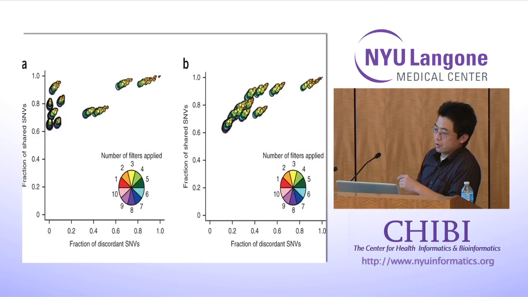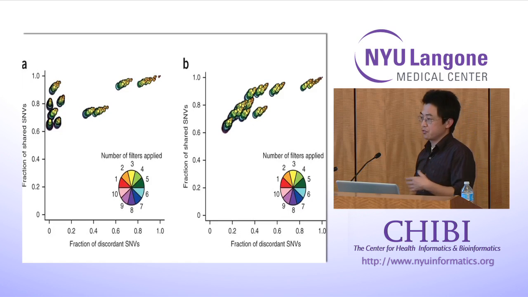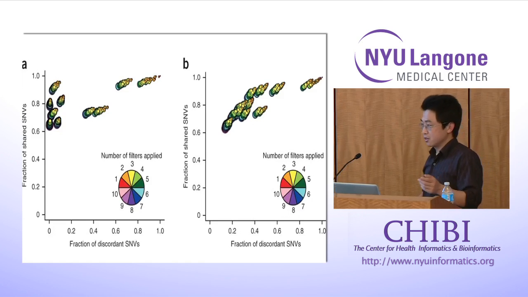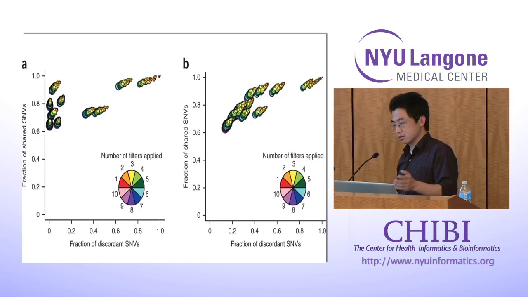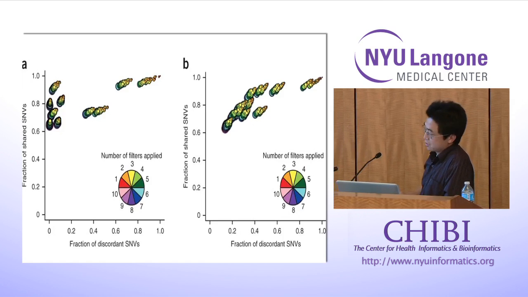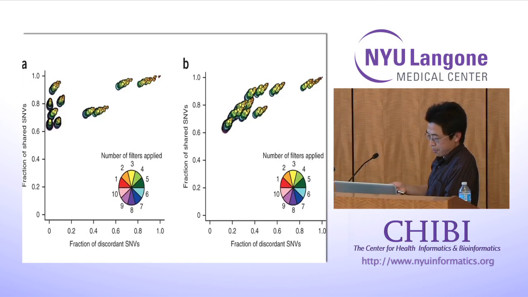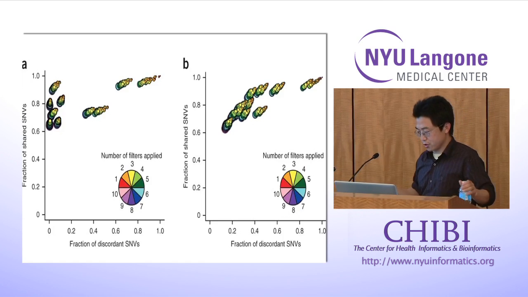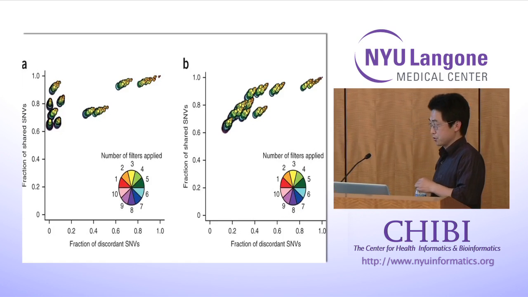So if you have a heterozygous allele, theoretically you should have 50-50, but if you have 20-80 or 30-70, it's kind of dubious sites. So that's the filter for bidirectional information.